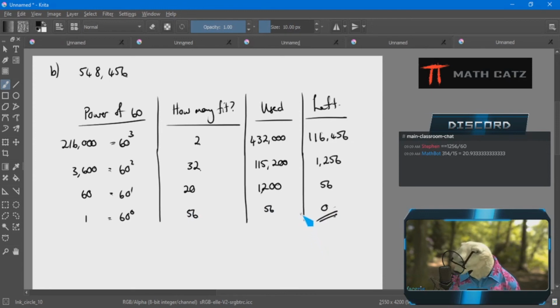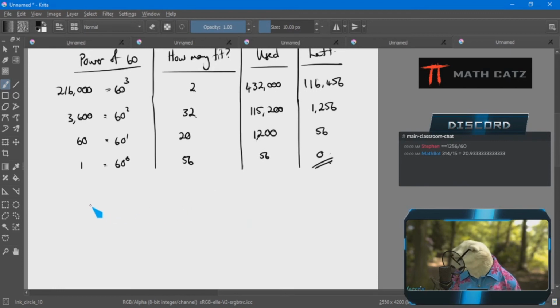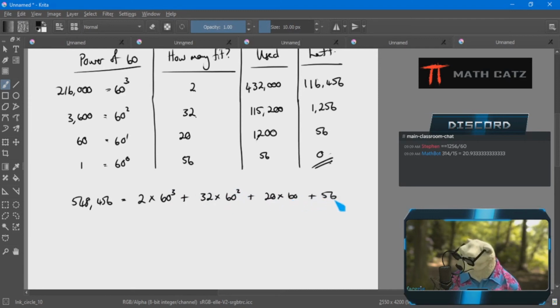So now I'm ready to say that my original number, which was 548,456, is 2 groups of 60 cubed plus 32 groups of 60 squared plus 20 groups of 60 plus 56 left over.